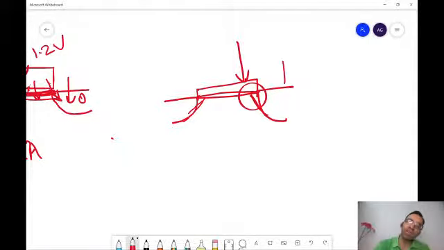Why are we only talking about the drain? Because the drain is at a higher voltage. Source and body are typically connected, shorted, but drain and body are at different potentials.